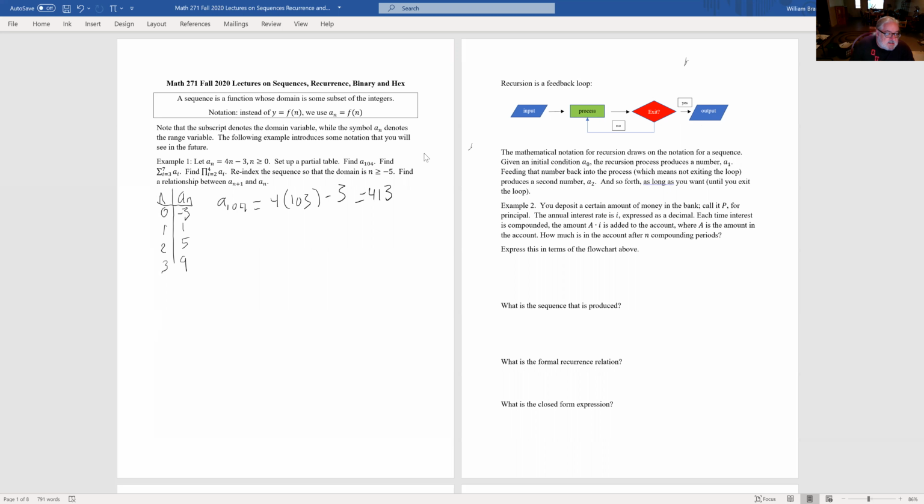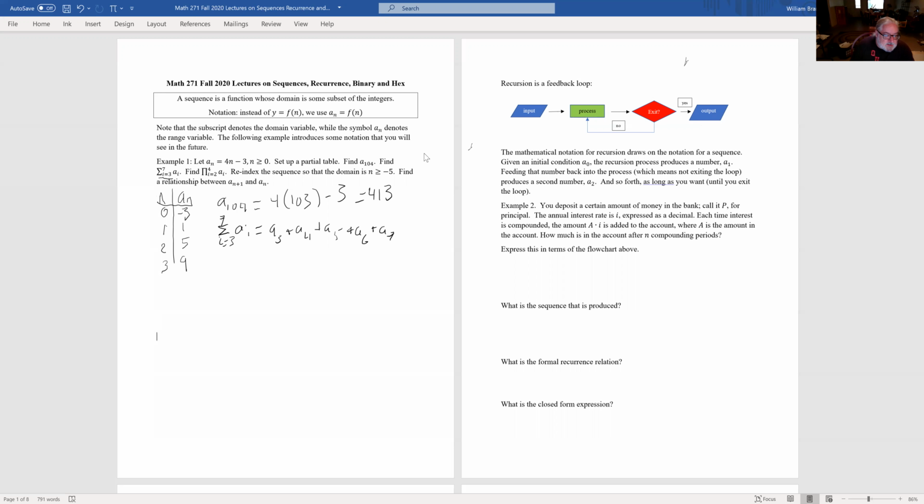What is this thing here? That means summation. So that's a Greek letter sigma, capital sigma. i equals 3 to 7 of a sub i. Sigma stands for sum. It means we're adding together these things. So we're going to start with a_3 plus a_4 plus a_5 plus a_6 plus a_7.